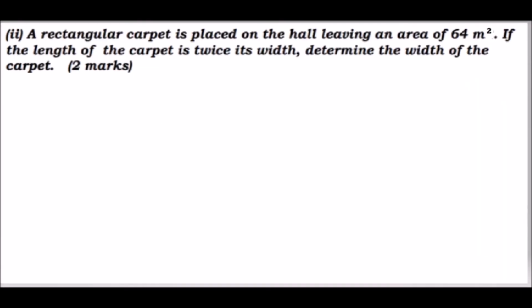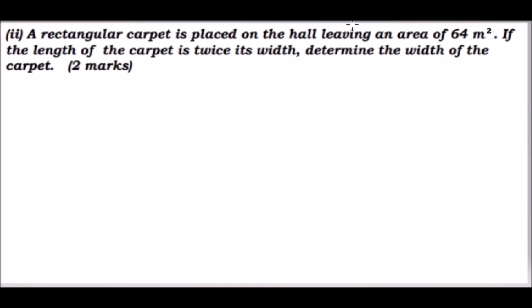So Roman number part 2, we are told a rectangular carpet is placed on the hall, leaving an area of 64 meters squared. If the length of the carpet is twice the width, determine the width of the carpet. We can make a sketch to guide us.